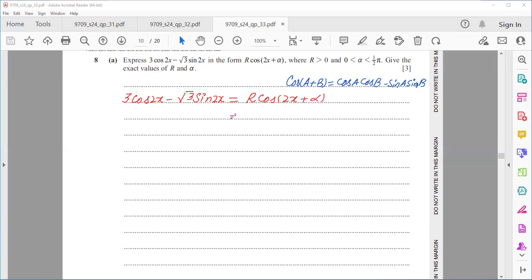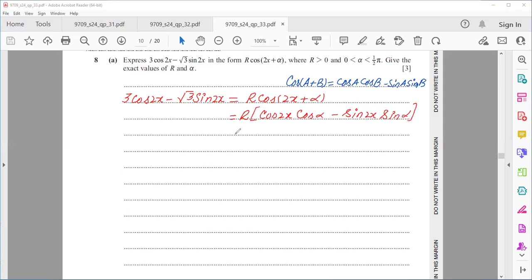The next step is that on the right hand side we have to apply the compound angle formula to expand the cosine or the sine, whatever the question is given. So you will write this as cos of 2x into cos of alpha, with a plus sign it becomes a minus sine of 2x into sine of alpha.